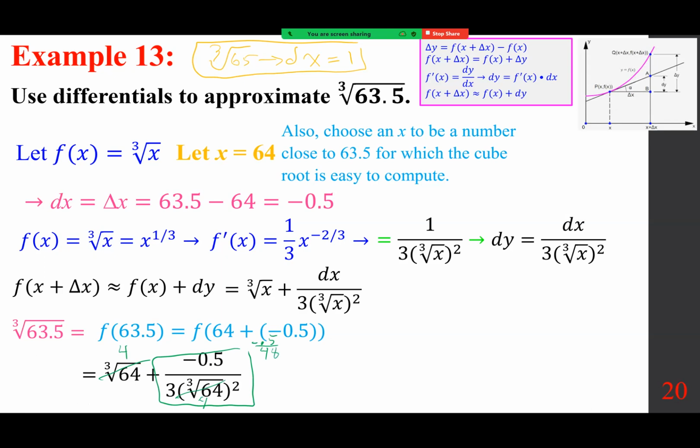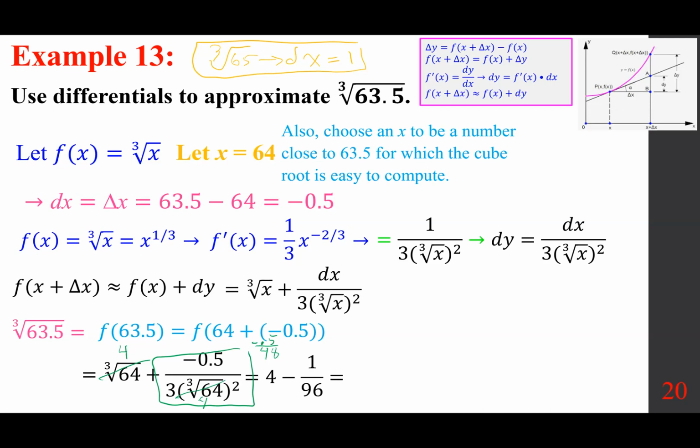We don't want to have a decimal as a numerator. So if you multiply the top by 2, it becomes negative 1. The bottom becomes 96. So 4 minus 1 over 96. As you know, this is 3 and 95 over 96. 3 and 95 over 96 precisely.